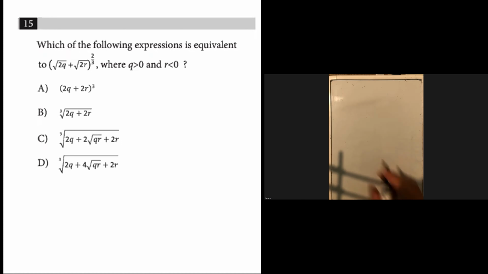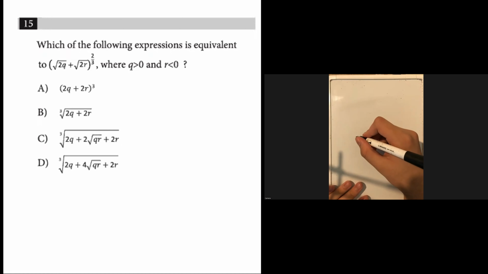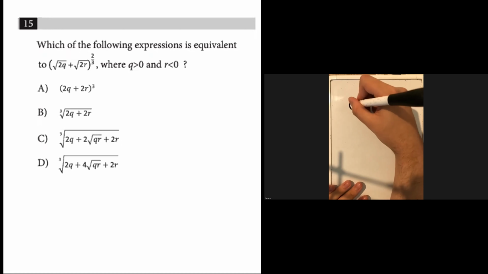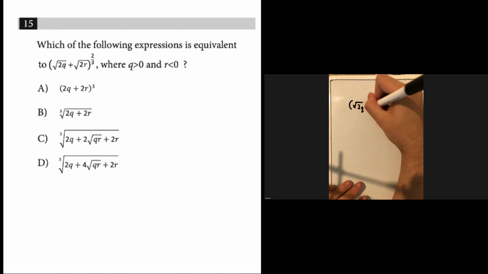Okay, so for this one, we have root 2q plus root 2r to the power of 2/3.